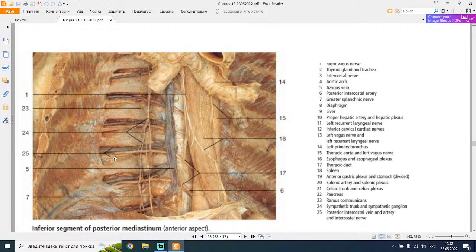This is vena intercostalis posterior, arteria intercostalis posterior, and intercostal nerve. This is the triad: vein, artery, nerve.